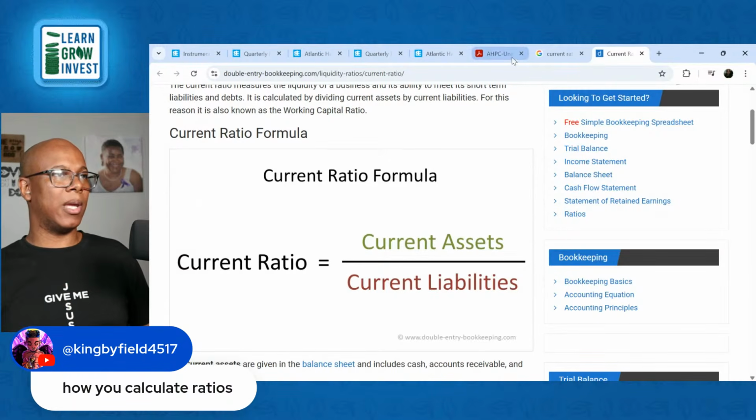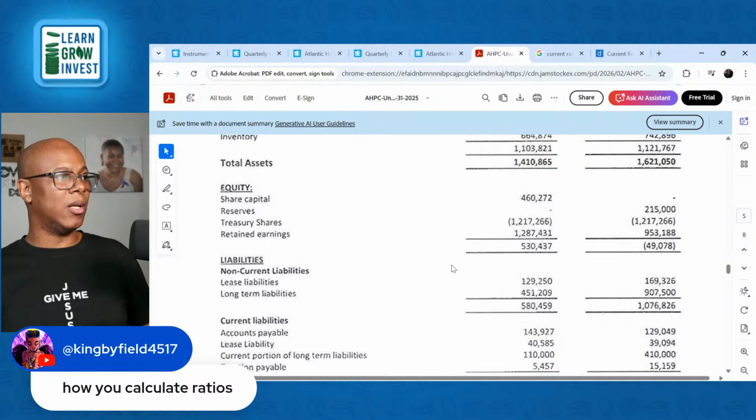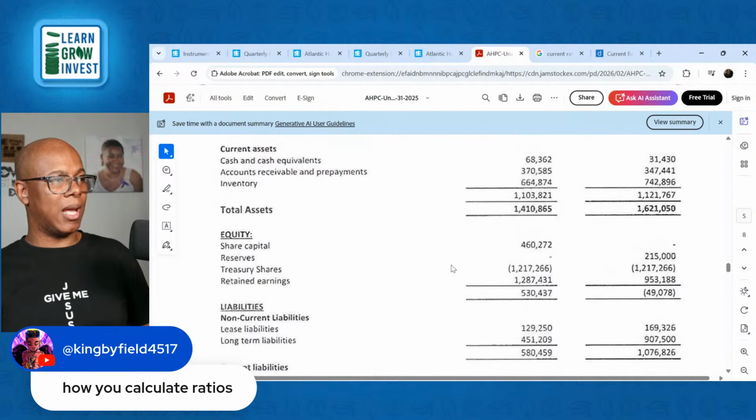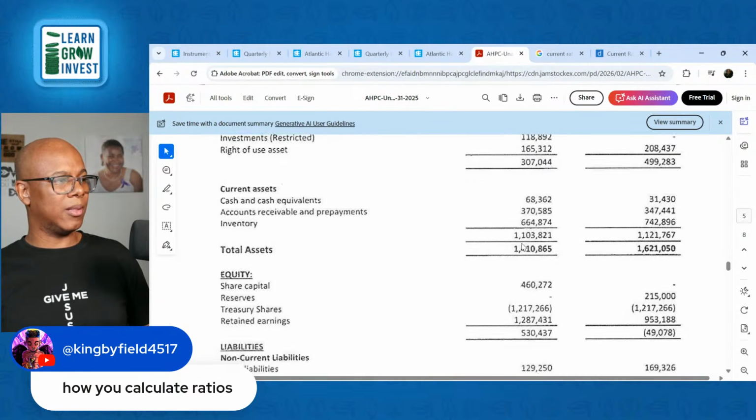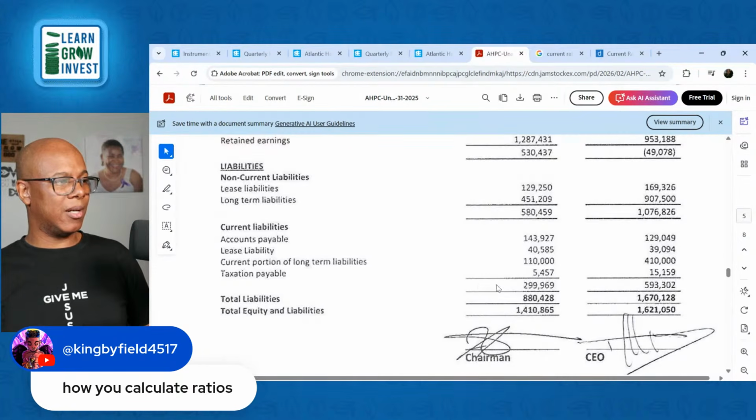Right. So let me do a calculation using them. The current assets here is 1.1 billion, and their current liabilities here is 299 million, right?